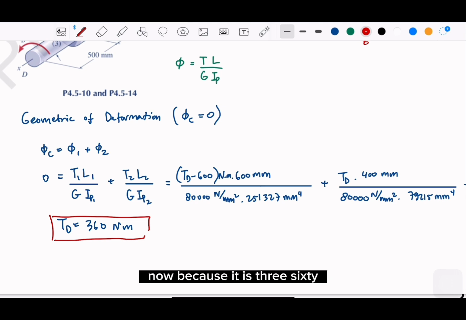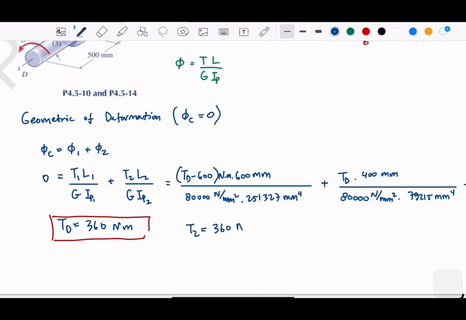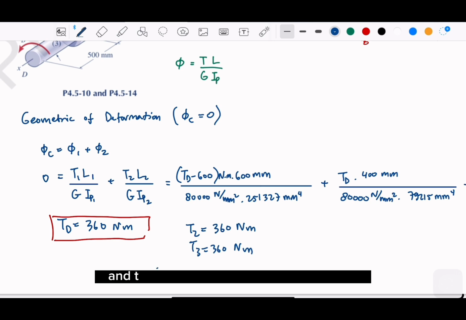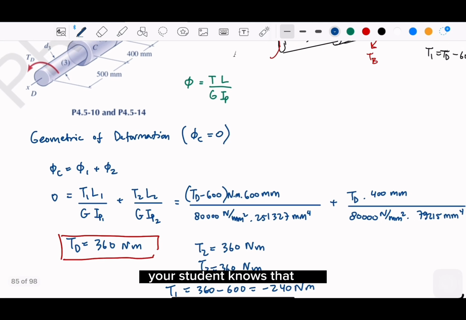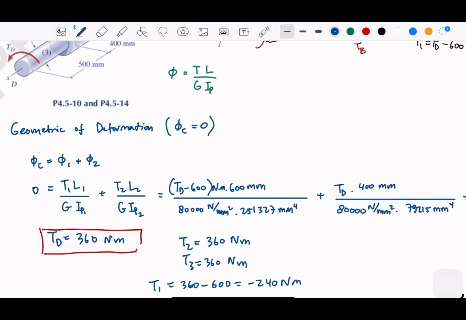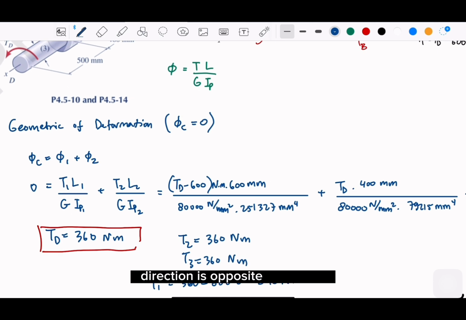Now because TD is 360, then T2 is 360, and T3 also 360, and T1 is 360 minus 600, which is negative 240 Newton meter. Okay, this negative is okay. You just note that our direction is opposite.